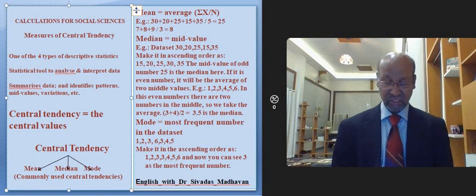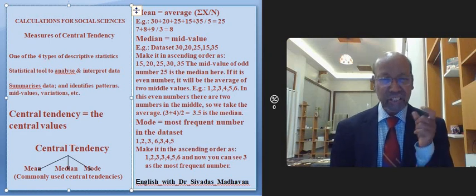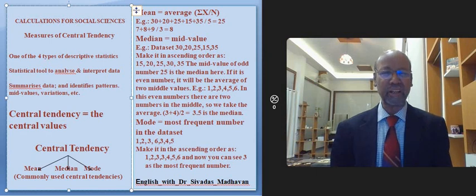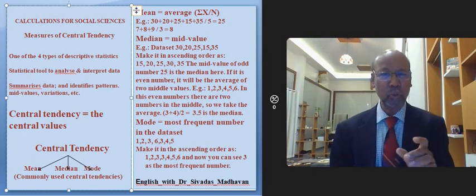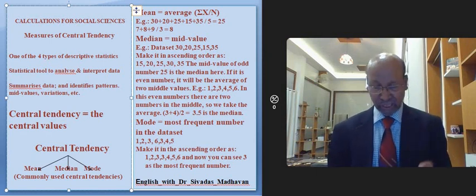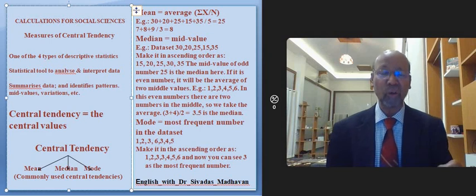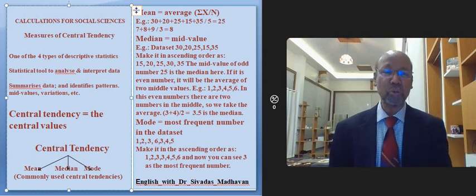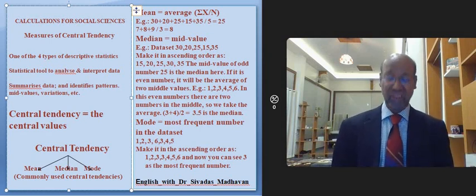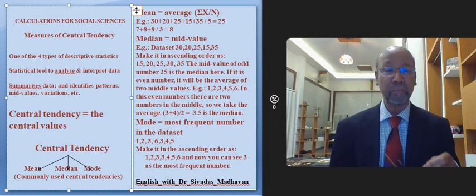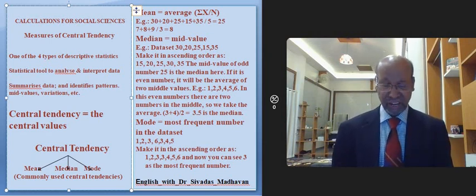These 2 numbers cannot both be the median; there must be only 1. So in that case, the middle numbers are 3 and 4. You take the average of these two and it will be 3.5. So in this case the median is 3.5.